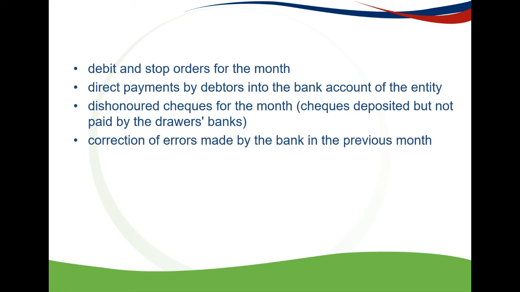Dishonored checks for the month, checks deposited but not paid by the drawer's banks. That's where a debtor previously sent you a check for payment on his account. You would have gone and deposited that check which you received from the debtor.